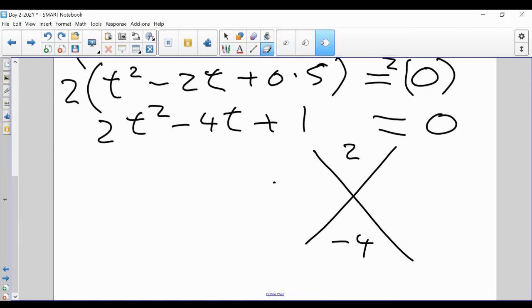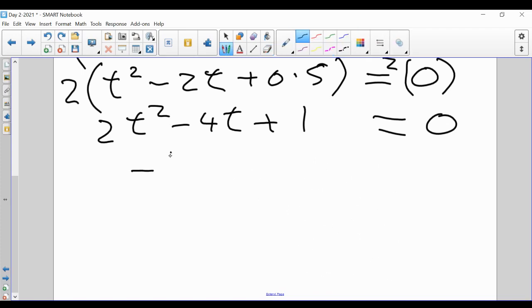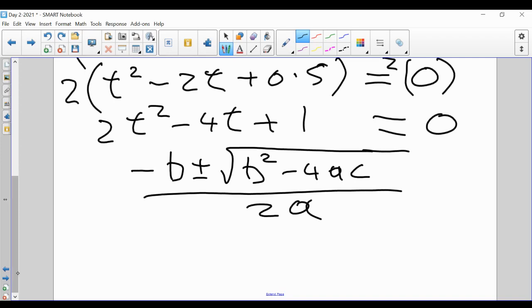So let me go to that very quickly. And I remind you what the quadratic formula says. It's minus b plus minus the square root of b squared minus 4ac all over 2a. Okay, so let's see where we are with this now.